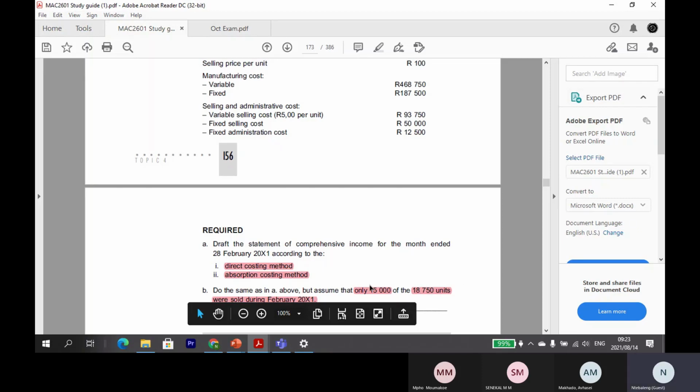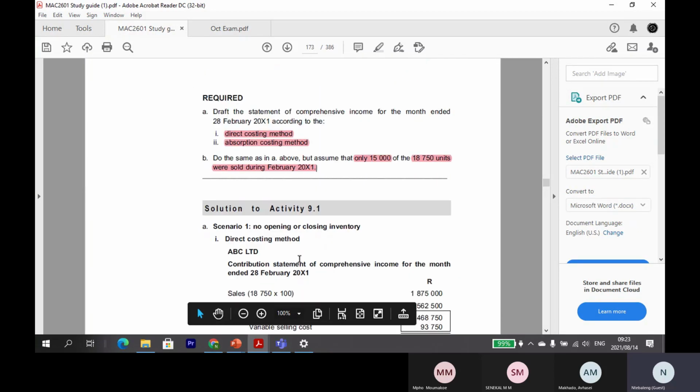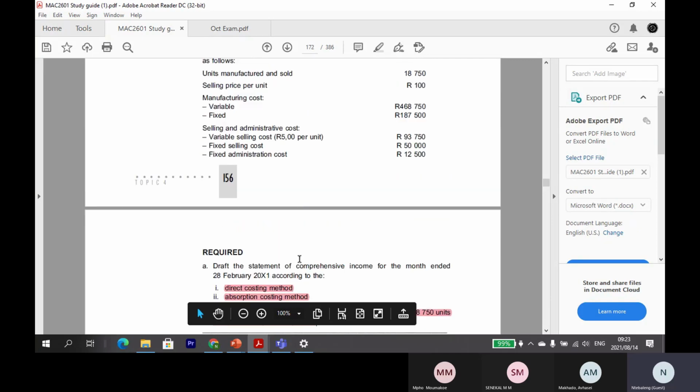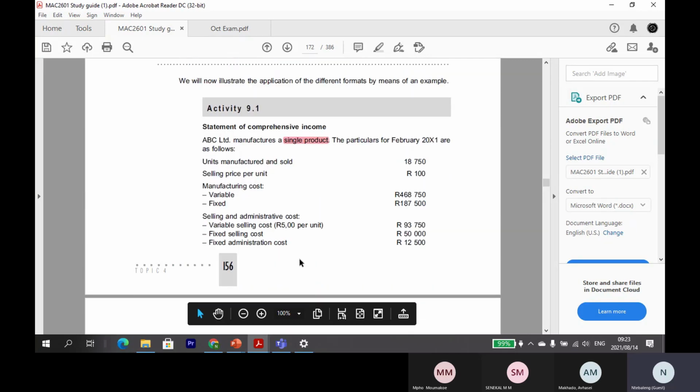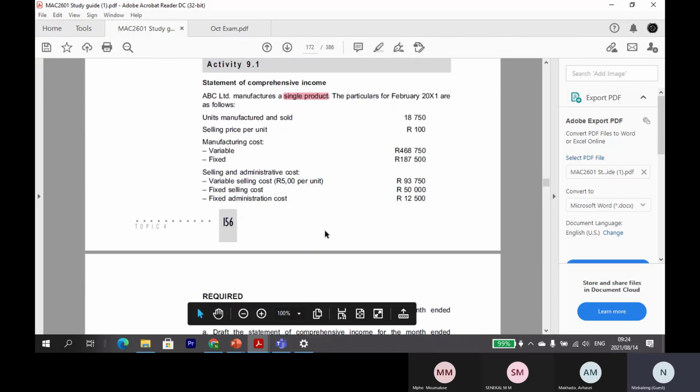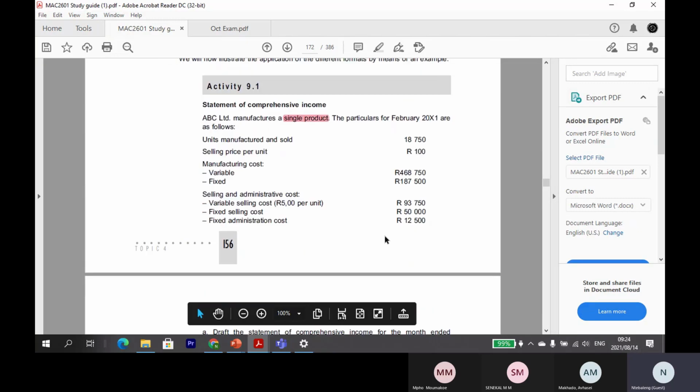So taking that into account, please do a direct costing method and also an absorption costing method, and then we can talk about your findings. You can take me through your thinking after I've given you, I think 20 minutes would be enough for you guys. Let's say 25, but it's not a lot of info. So let's say 20 minutes.